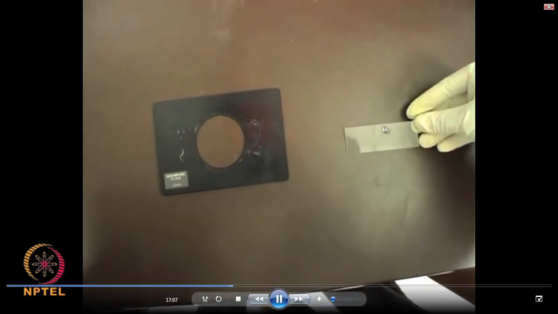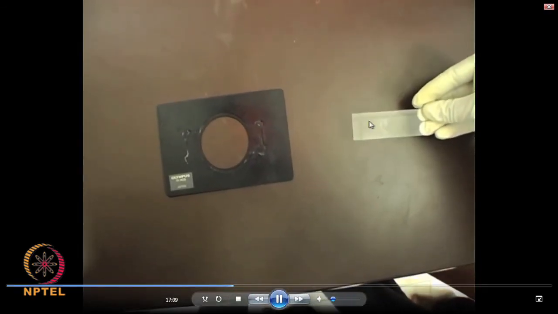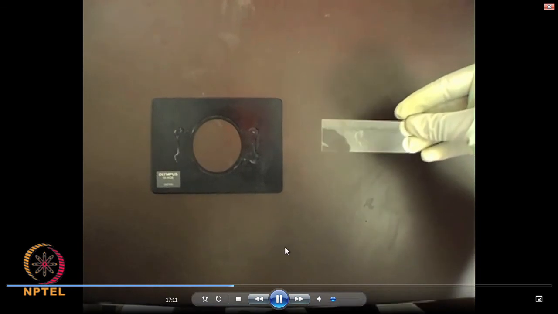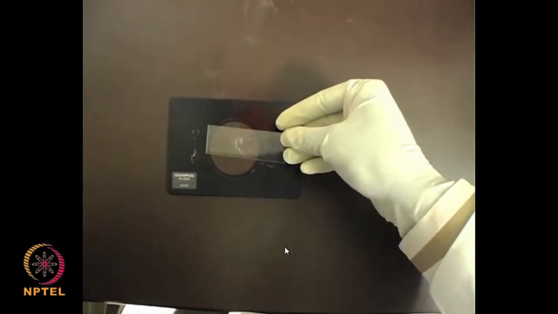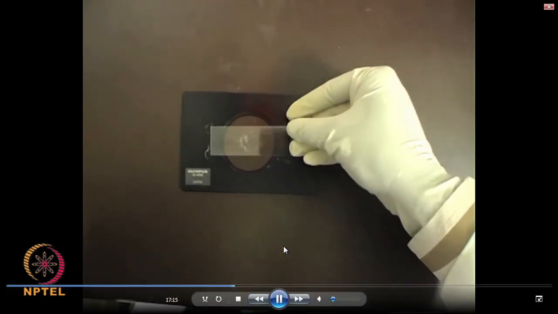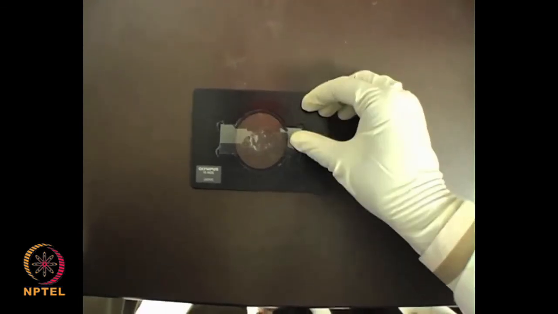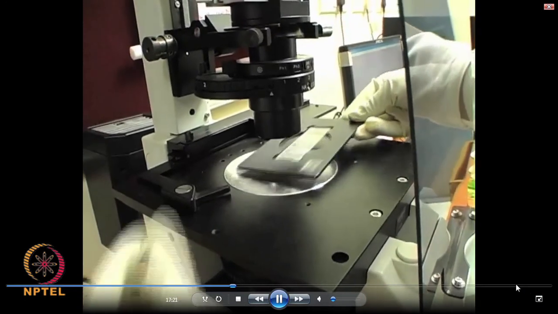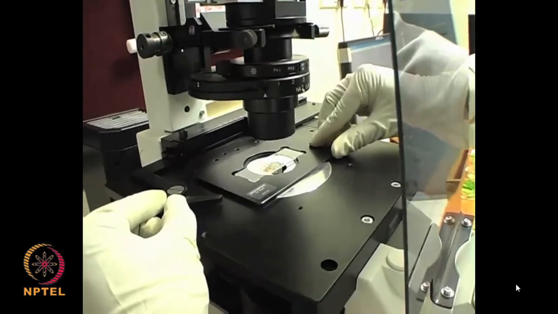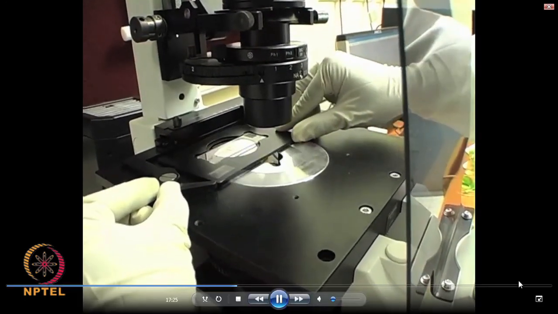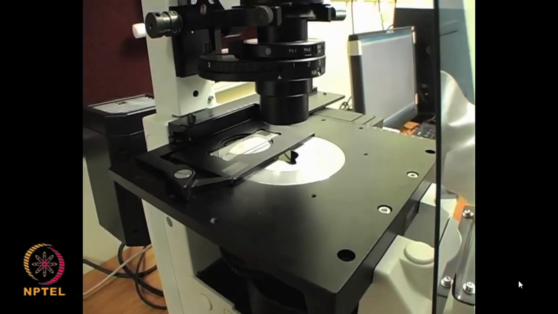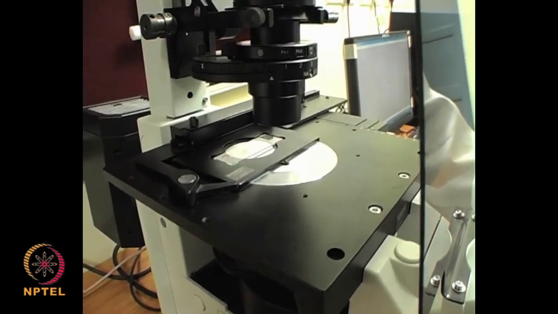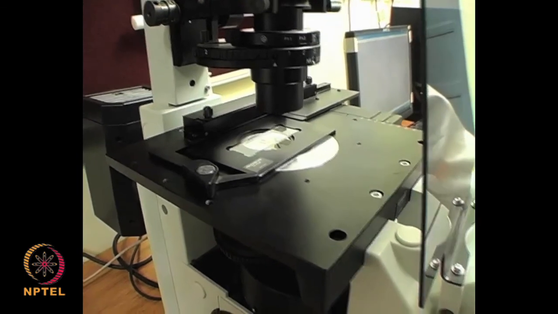The specimen is taken on the glass slide in a very small quantity, and then we will load it on the microscope and look at the details. Now you can see that the specimen is kept on the stage and it is being brought to the optical axis.